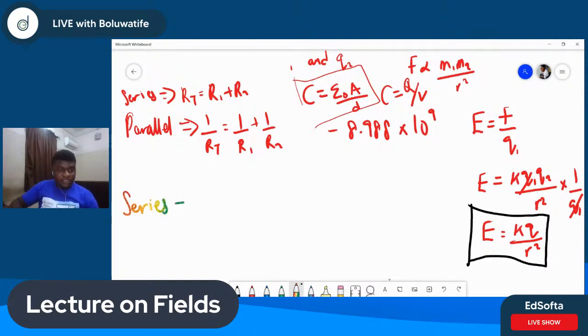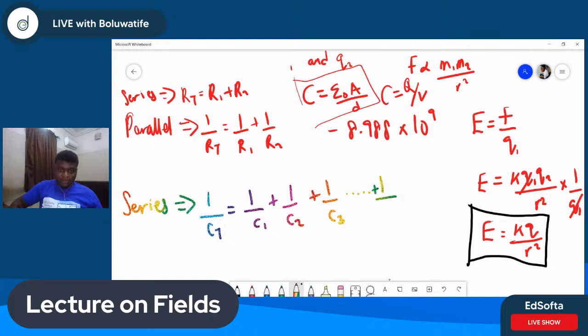So series here would be 1 over C total, which is equal to 1 over C1 plus 1 over C2 plus 1 over C3, up to 1 over Cn.